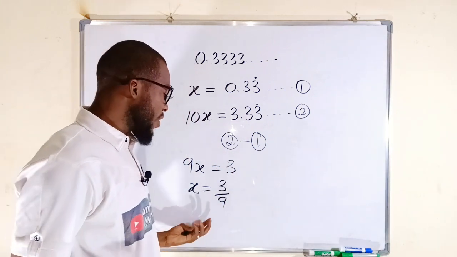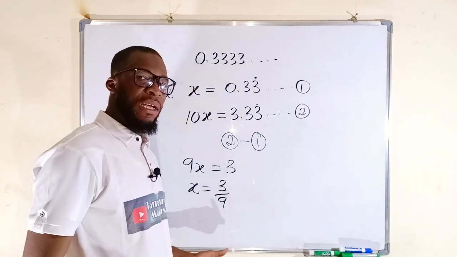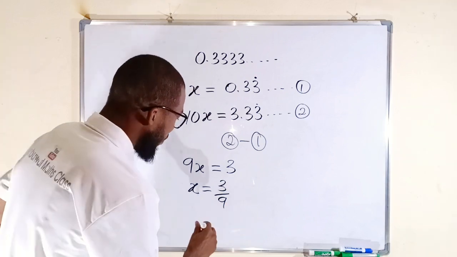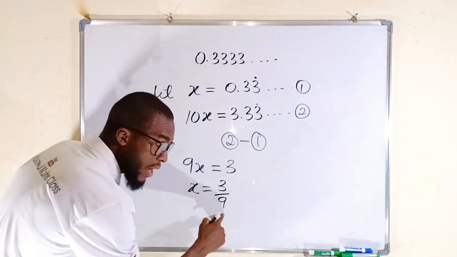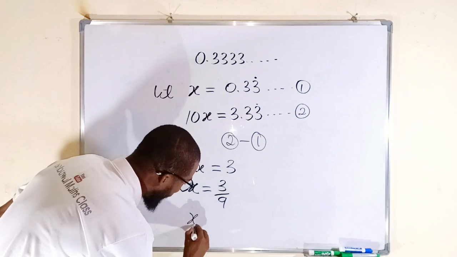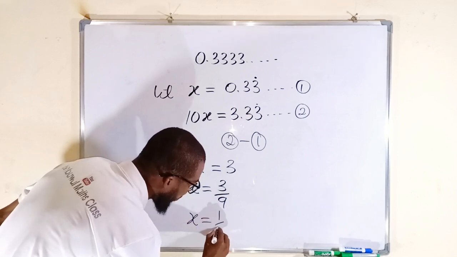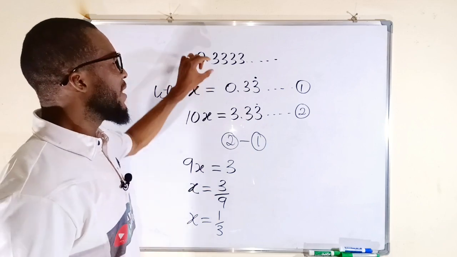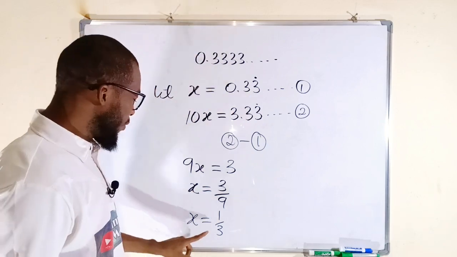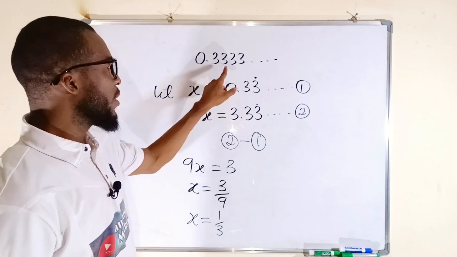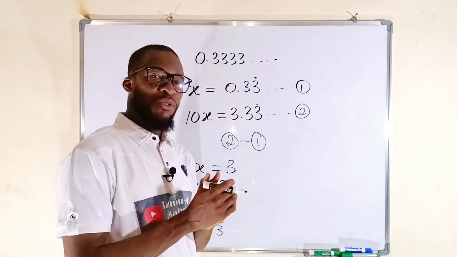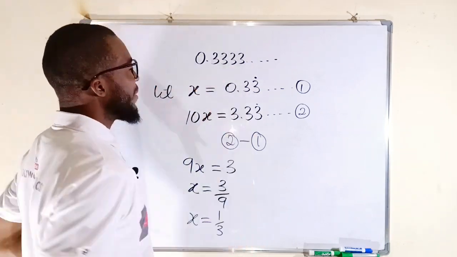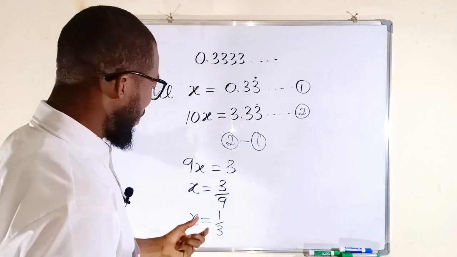To the lowest term, because I know 3 can divide 3 and it can also divide 9. 3 ones are 3, 3 threes are 9. So x finally equals 1 divided by 3. And 1 divided by 3 is exactly the same thing as this number. Take your calculator, press 1 divided by 3, you shall obtain this. So this is how to convert a non-terminating recurring decimal into a fraction.